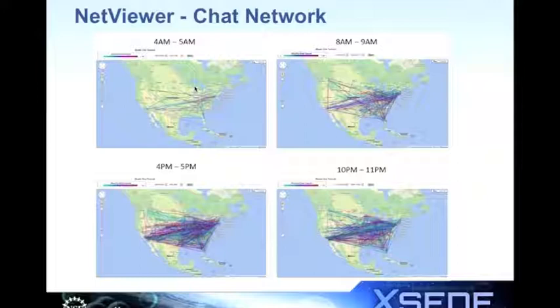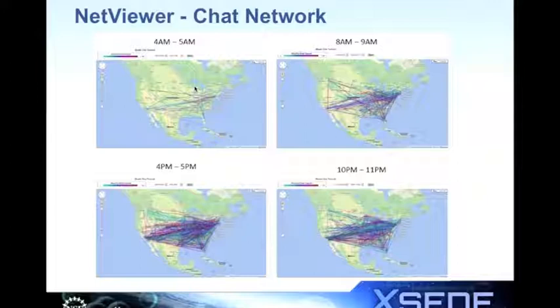And during the day, the density of the network becomes denser and denser after players come back online. And we also can see the density on the East Coast is higher than the density on the West Coast.